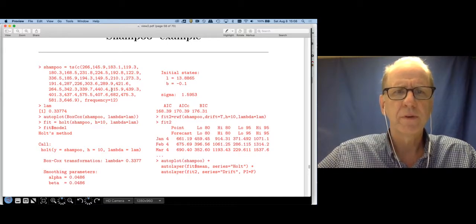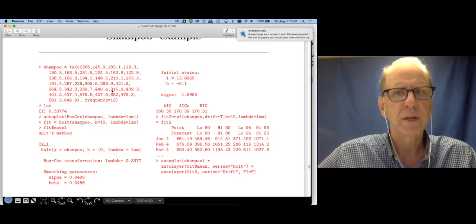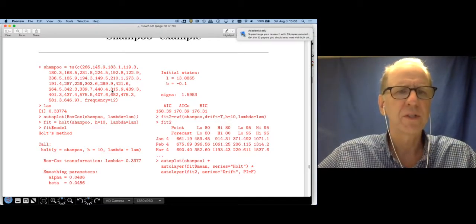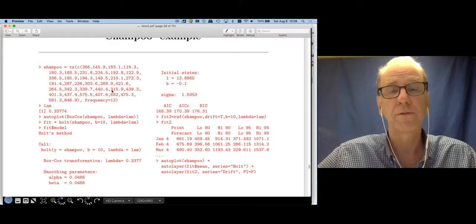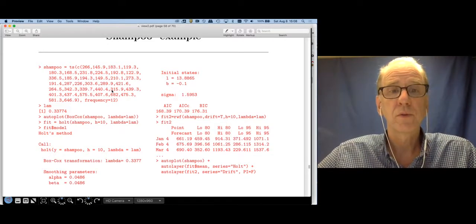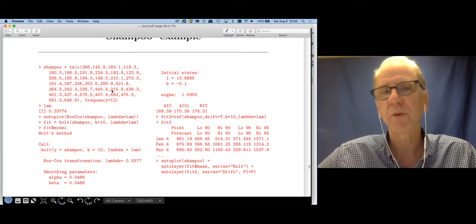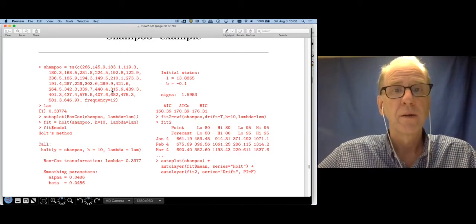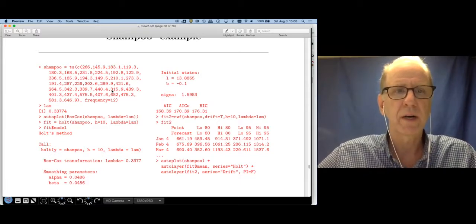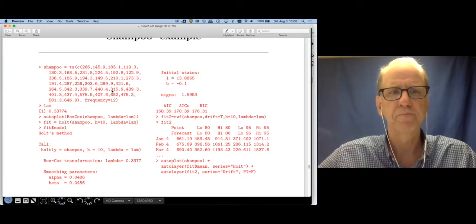I've looked at some of the diagnostic plots, and there's not a lot of seasonality with this, and therefore I feel it's okay to use Holt's method on this. If there were seasonality, we would need the Holt-Winters method that I'm going to cover in my next video.